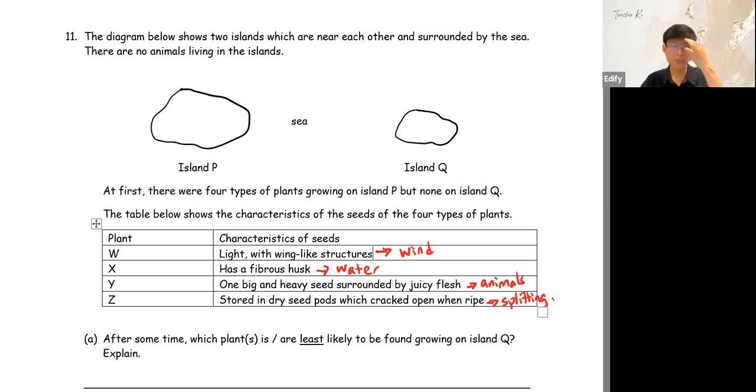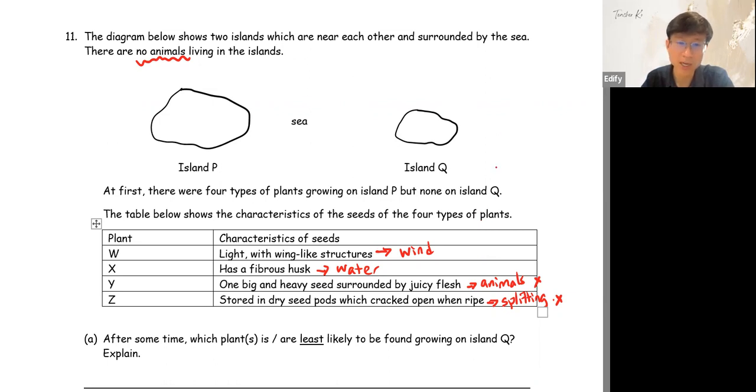So after some time, which plant is least likely to be found? I know that splitting usually cannot go so far, right? It's only dispersed very near the parent plant. And also, they say there are no animals living on the island, so it means that it cannot be dispersed by animals.